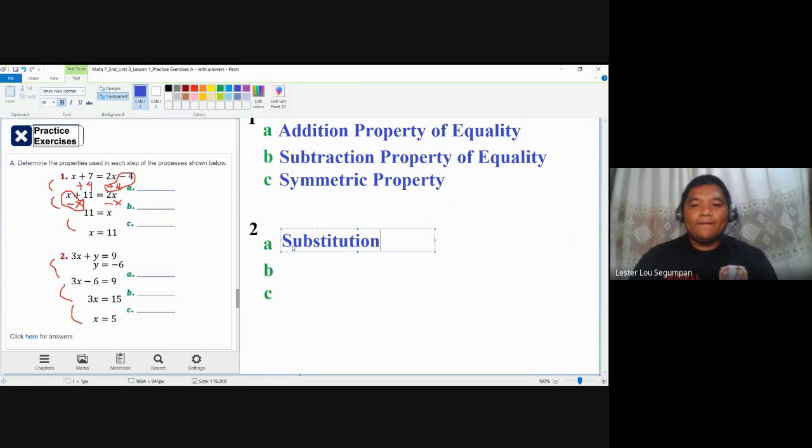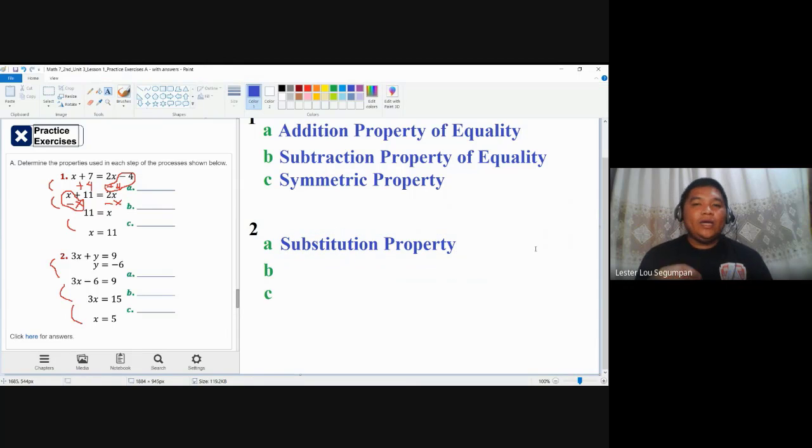Substitution. This is not new to you because this is also discussed when we talked about evaluation of algebraic expressions. Evaluation of algebraic expressions means we change the variables to their intended value given in a situation.